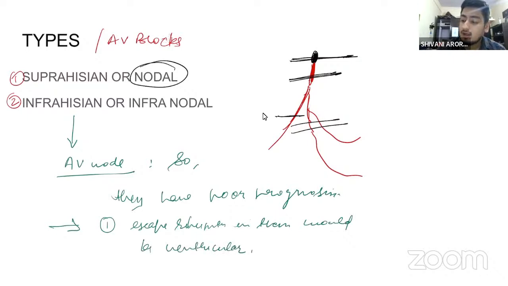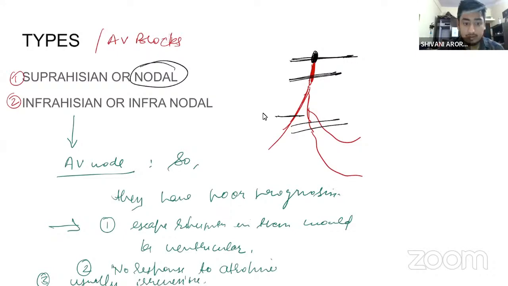Clear? And second thing is that the infrahisian blocks do not respond to atropine. No response to atropine. Third thing is they are usually irreversible.